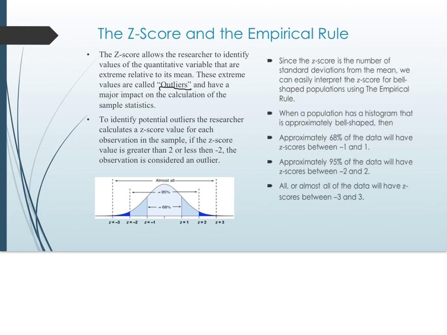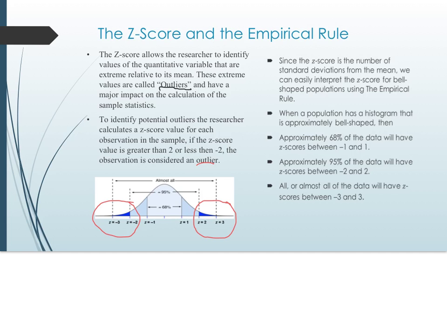And they have a major impact on the calculation of the sample statistic. To identify potential outliers, the researcher calculates a z-score value for each observation in the sample. If the z-score value is greater than 2 or less than minus 2, the observation is considered an outlier. And so in a normal curve, we would see areas like this to be considered outliers under the empirical rule.